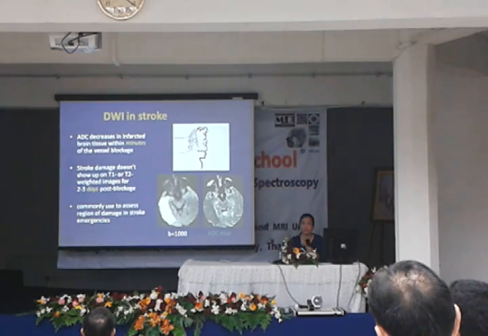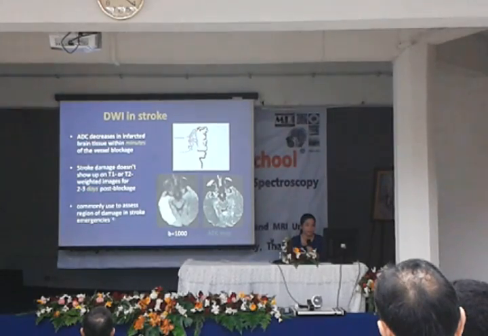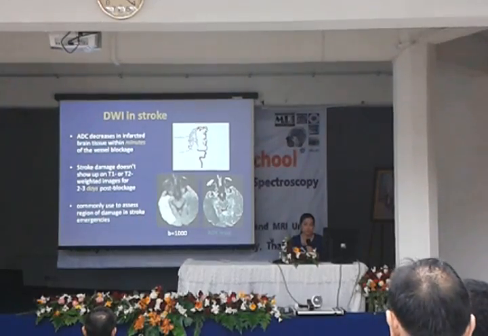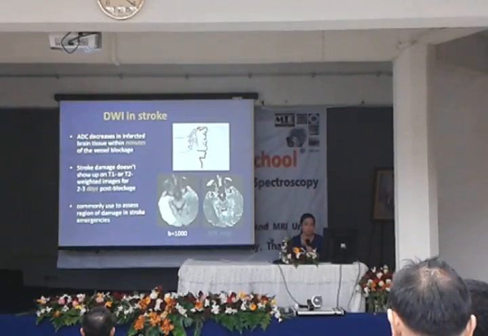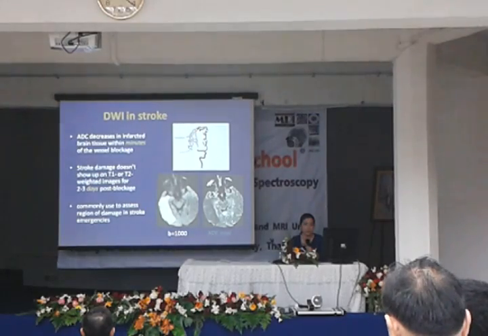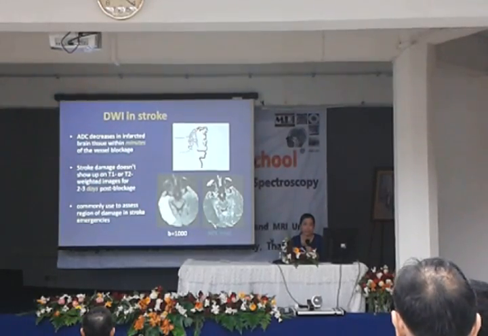This area of brain tissue can return to normal. So DWI is very useful to assess early acute stroke patients. With restricted diffusion, we see a bright area on DWI and it turns dark on the ADC map.